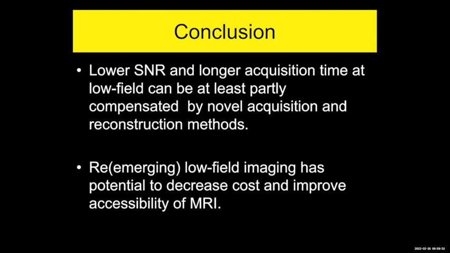We can think about manipulating sequences and some of the acquisition methods, maybe compromising some resolution to achieve some degree of acceleration. But these novel methods that we just talked about can further enable us to achieve acquisition times and image quality that are comparable to a 1.5 Tesla system.